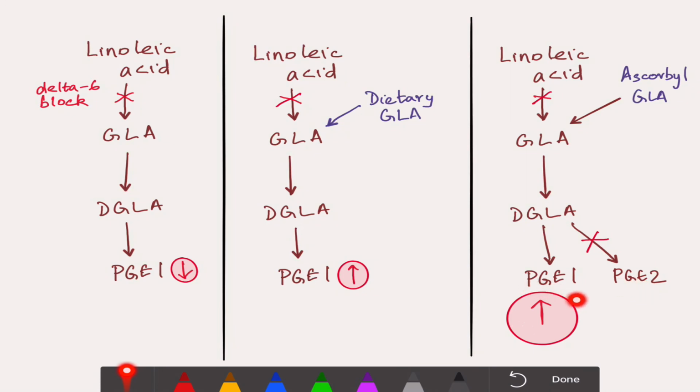Therefore, the PGE1 production becomes more. With regular GLA there is only less production, but with ascorbyl GLA, PGE1 production is more because more ascorbyl GLA goes towards the production of only PGE1. Nothing is wasted on PGE2. That is why ascorbyl GLA is much more powerful than plain GLA.